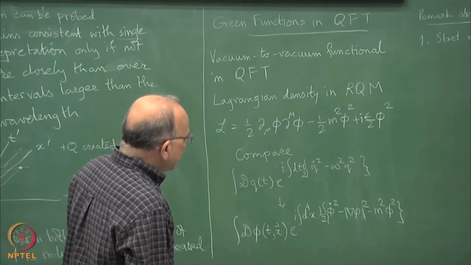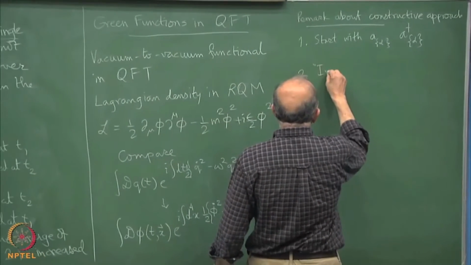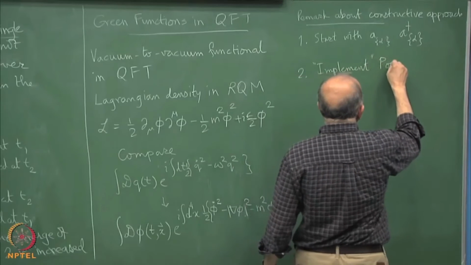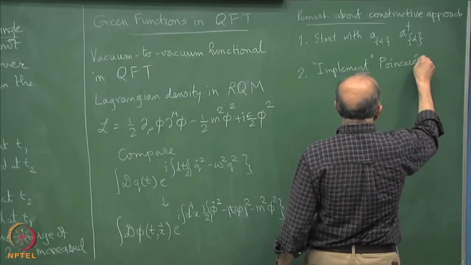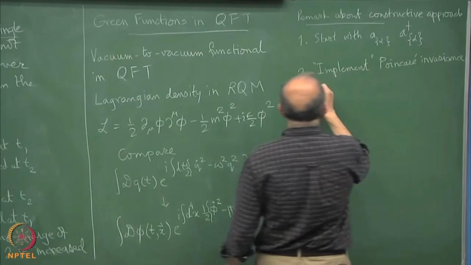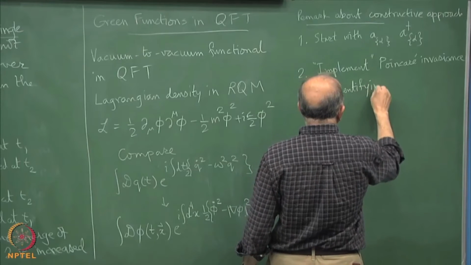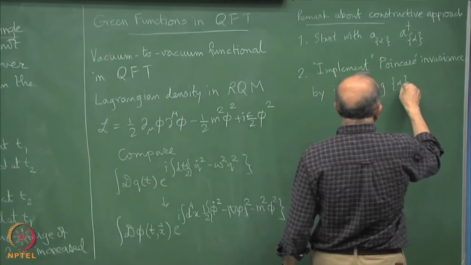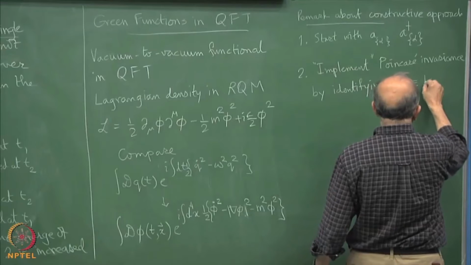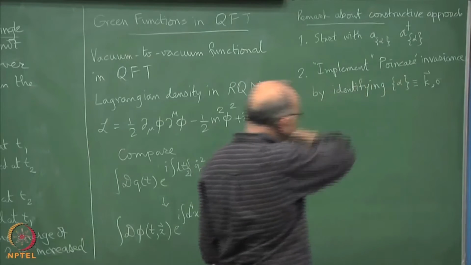But now we implement the so-called Poincare invariance by identifying this eigenvalue set alpha with momentum k and sigma spin.